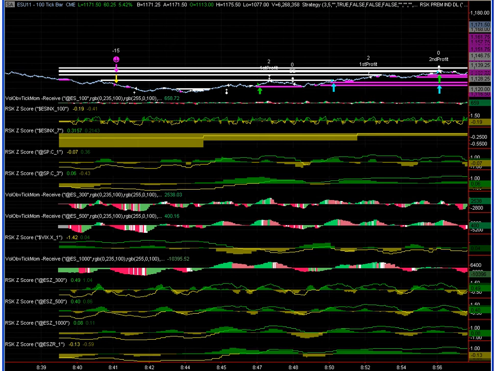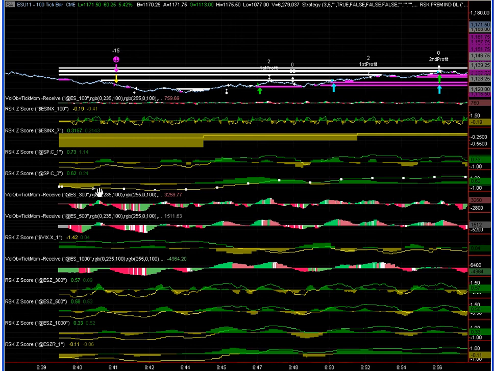There we are. Now you see the premium here, the Z-score on the premium, and you see the Z-score on the large contract 3-tick. These two, here and here, are used most often when we're trying to determine the trend.